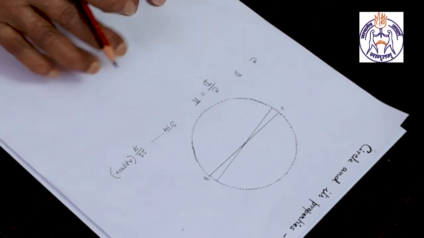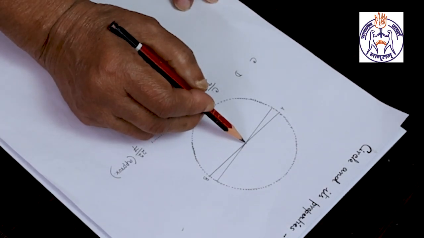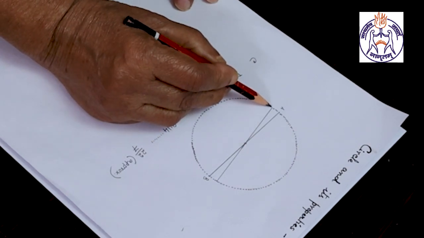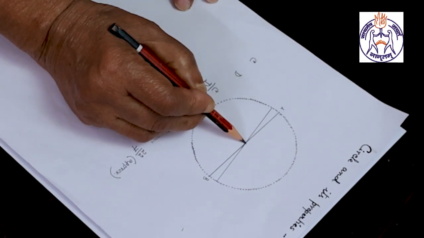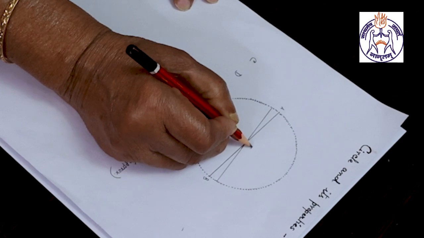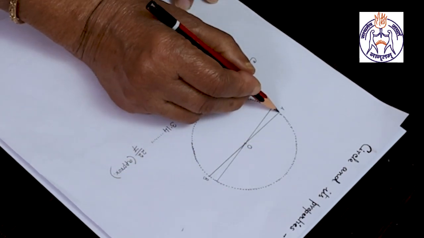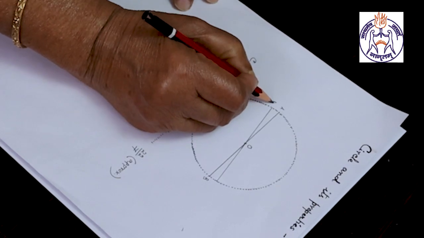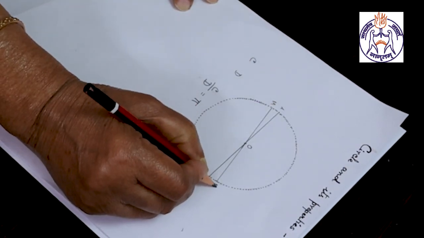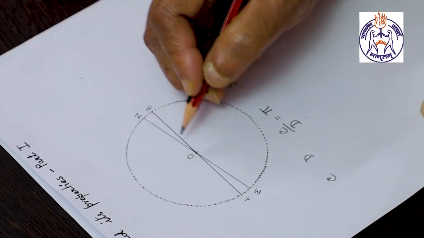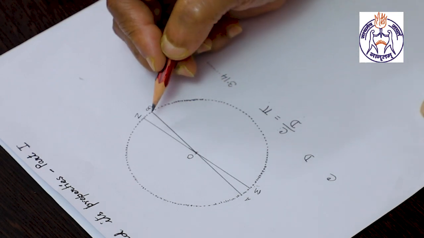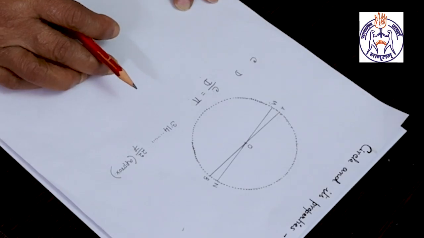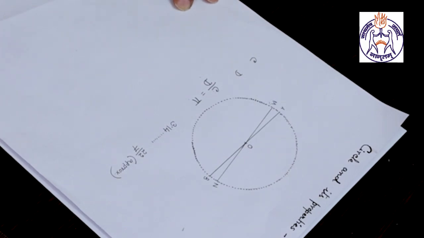So from here what do we get? We can see from here that diameter is the sum of two radii. This is one radius. If we take center as O, AO is one radius, BO is another radius. If this diameter is MN, then MO is one radius and ON is another radius. So diameter is the sum of two radii. So D is equal to 2R.